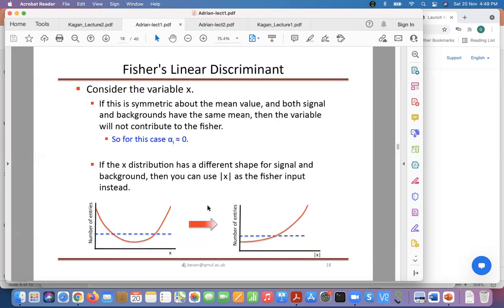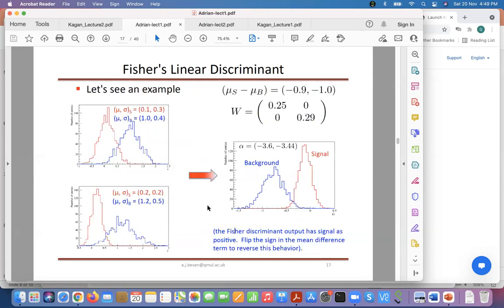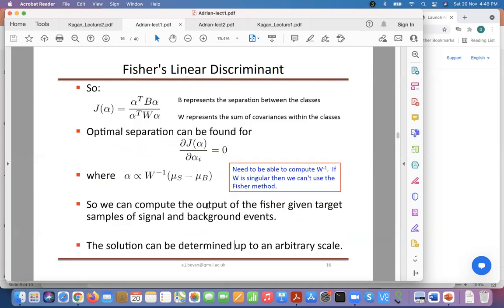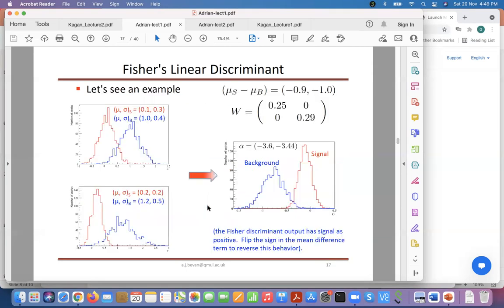Sir, my question is about the previous slide. Here in the three cases, you say they are far away from the mean. We first look at the mean of the signal and background, which should be far away. And what about the width?